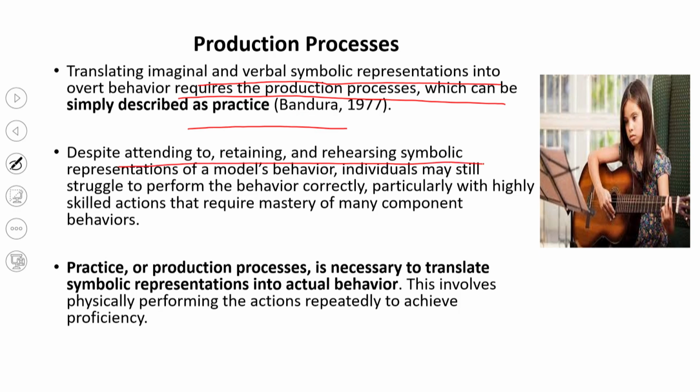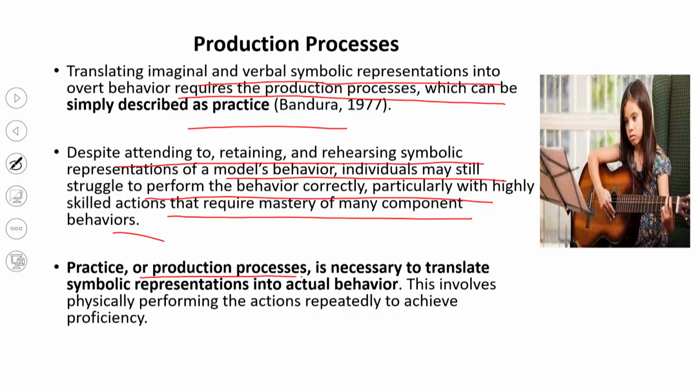Despite attending, retaining and rehearsing the symbolic representation of the model's behavior, individuals may still struggle to perform the behavior correctly, particularly with highly skilled actions that require mastery of components. Even though you have paid attention and remembered, you may not be able to produce it, especially if things are very complex. So, practice is required for that.